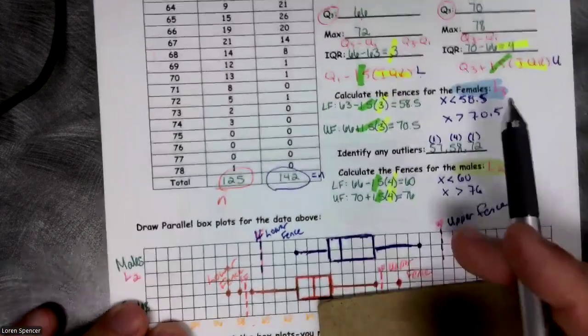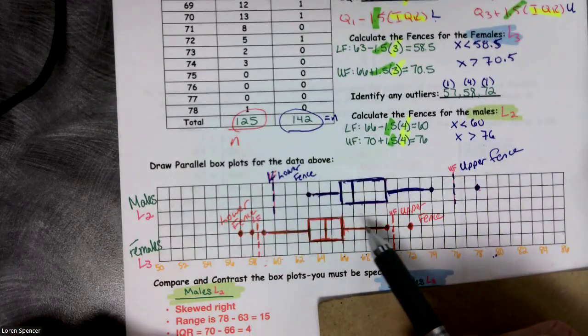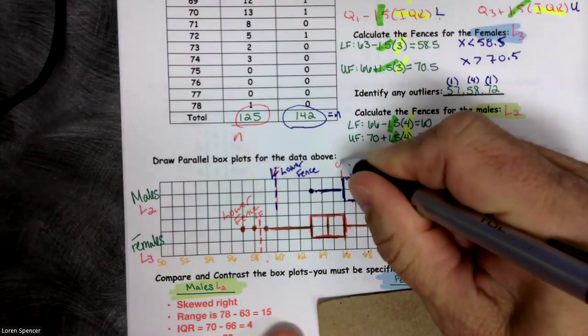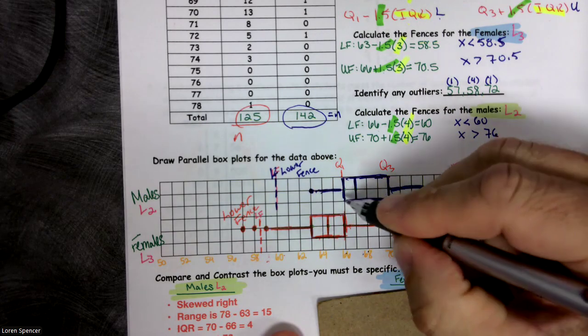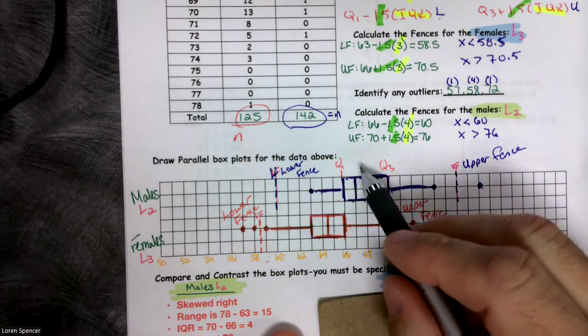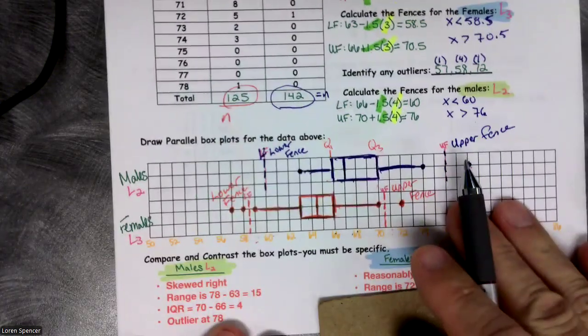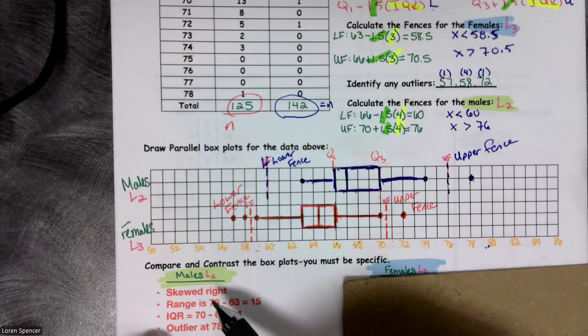Our IQR we calculated earlier, and we said our IQR was 4, but once again, this is Q1, this is Q3, so 70 minus 66, which is 4, and we have an outlier at 78. Now, please remember, we're supposed to CUSS.